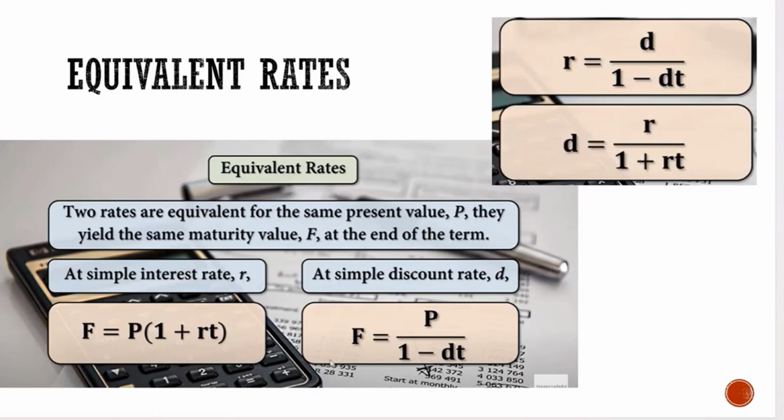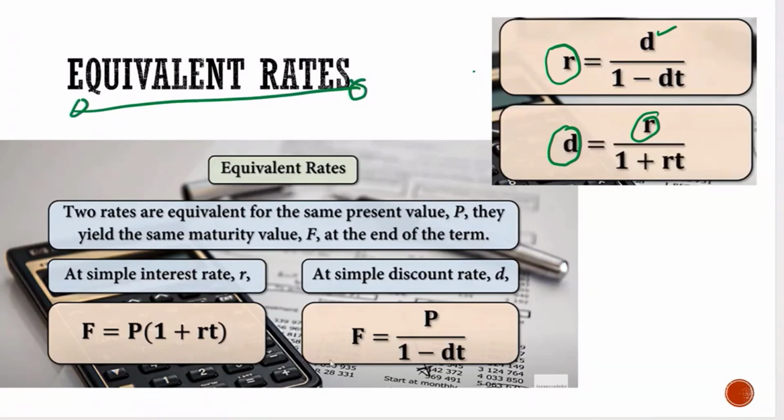So now this is the formula. If you are given a discount rate, you can calculate an interest rate. R is for an interest rate. So we are talking about equivalent rates.